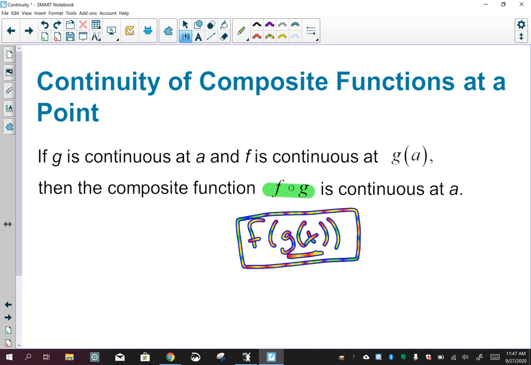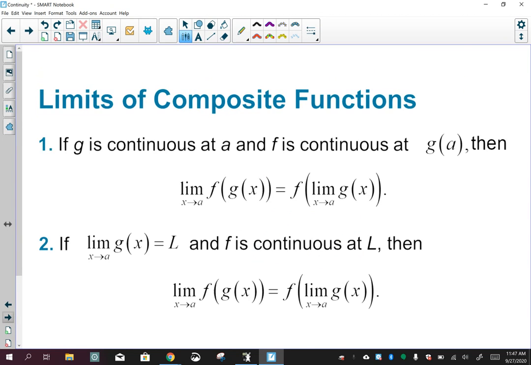And if the answer is yes, then I take that value and plug it in, and then I reevaluate it again at f of x. And if I'm continuous at f of x at that specific function value, then when I put them together and compose them, I'm going to be continuous over the whole entire thing.